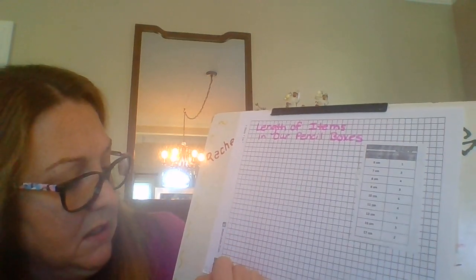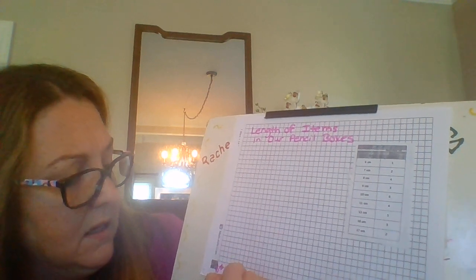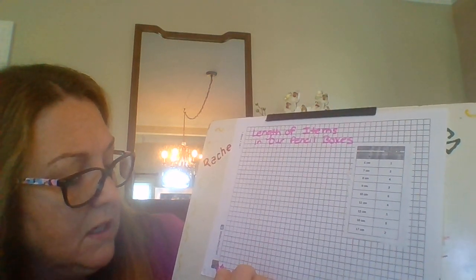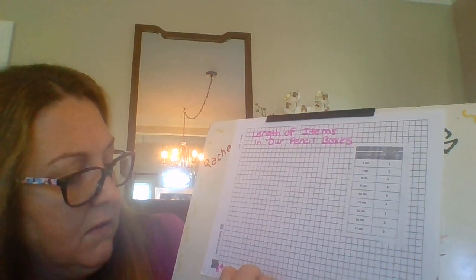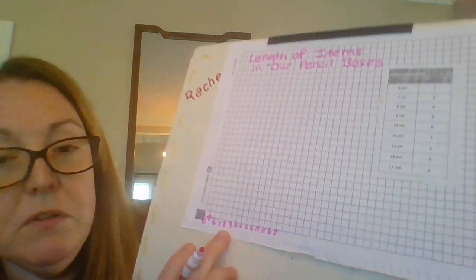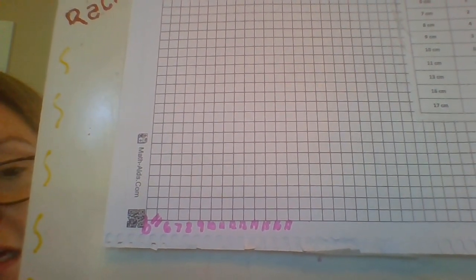So we're going to go 6, 7, 8, 9, 10, 11, 12, 13, 14, 15, 16, and 17. Pause me if you need to. Notice my numbers are below the lines, not the spaces.